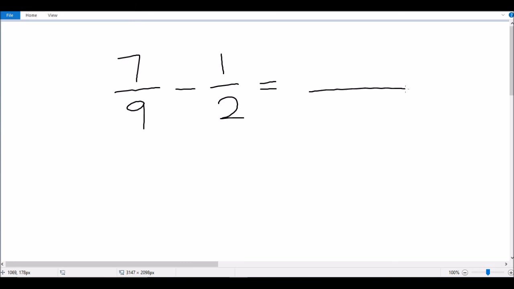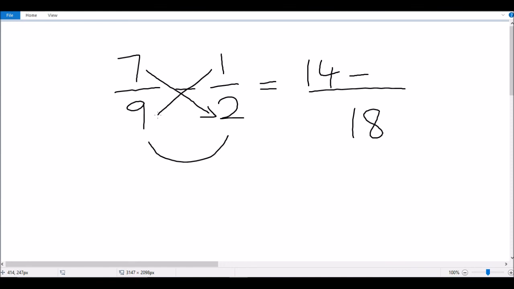Okay, so we'll multiply the denominators to give us 18, right? 9 multiplied by 2, and then we'll multiply 7 by 2 to give us 14. We'll use the subtraction sign or the minus sign, and then we'll multiply 1 by 9 to give us 9. So 14 minus 9, that's 5, and we have 18 as the denominator.